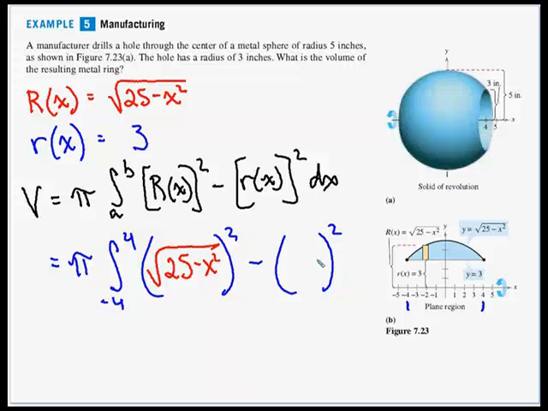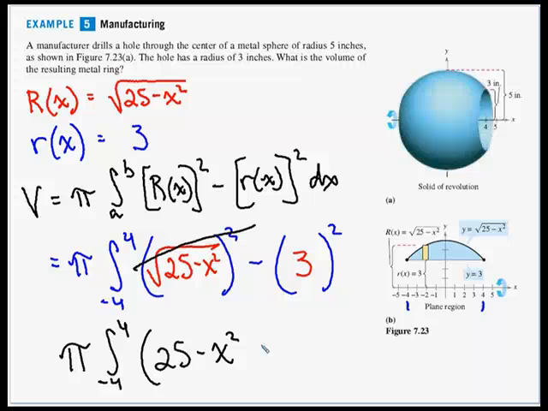And the inner radius is just that simple horizontal line, y equals 3. So, just like in the last example, or maybe it was the one before that, we have a squared square root. Those will cancel, leaving what's under there, 25 minus x squared. And then we're going to have minus 3 squared, which is 9, dx.